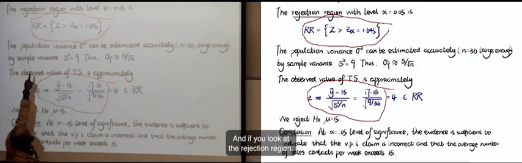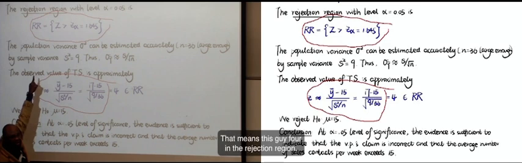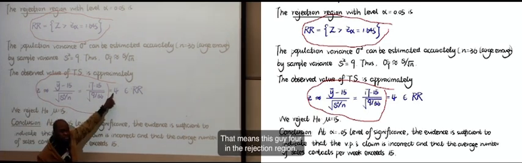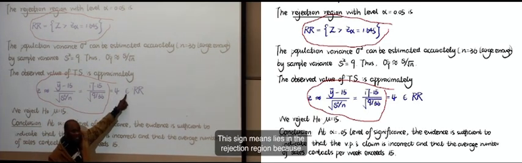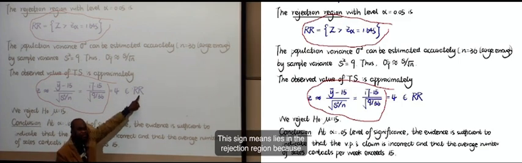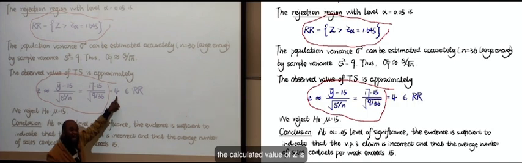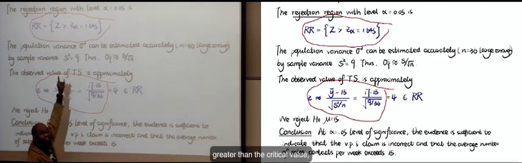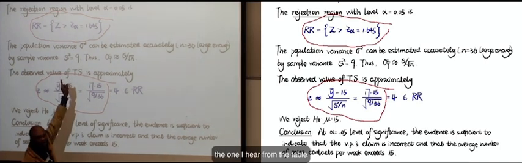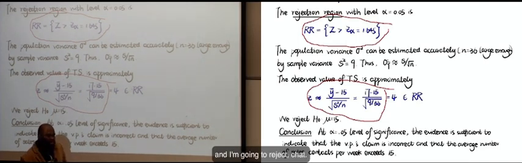If you look at the rejection region, that means this 4 is in the rejection region. Do you know the meaning of this sign? This sign means it lies in the rejection region because the calculated value of Z is greater than the critical value, the one I checked from the table, and I'm going to reject H0.